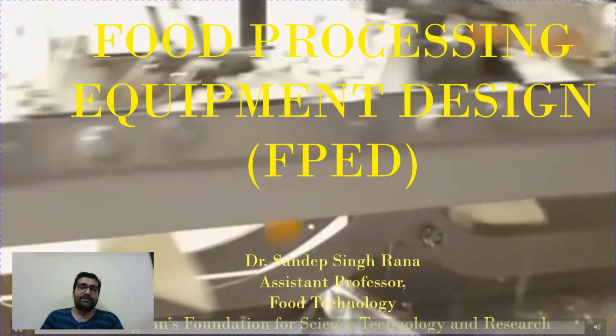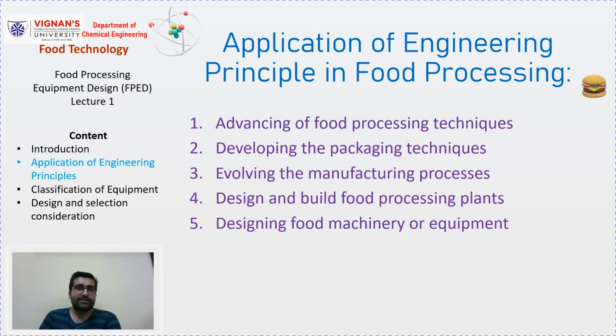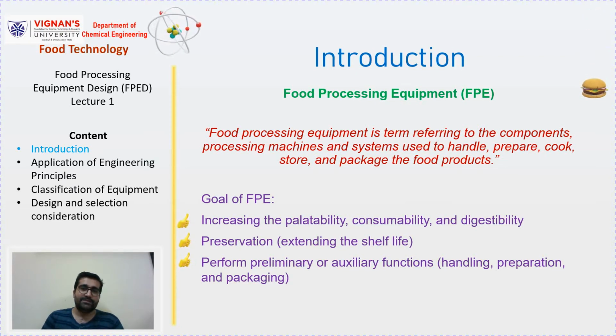So, lecture 1. In this lecture we are going to see the introduction of food processing equipments. Then we will see the fundamental engineering principles which are applied in designing food processing equipments.